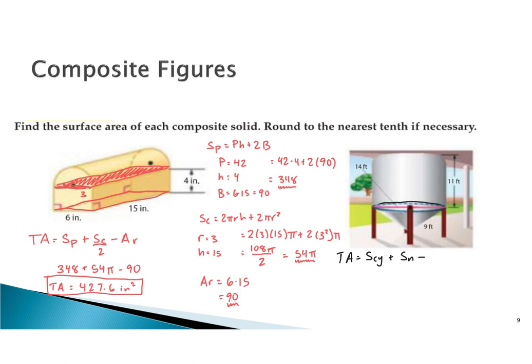Here's my overlap. Now as I look at it, I see that it is not only the base of the cone, but it's also one of the bases of the cylinder. So the overlap actually fits nicely on 2 pieces, the base of the cone and the base of the cylinder. Therefore, this circle is technically counted twice.